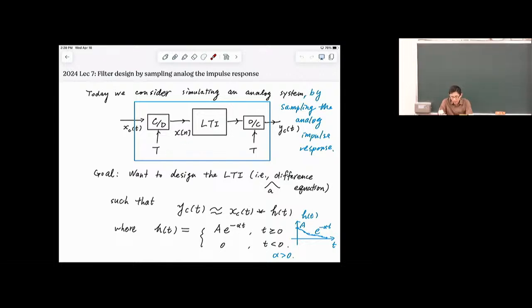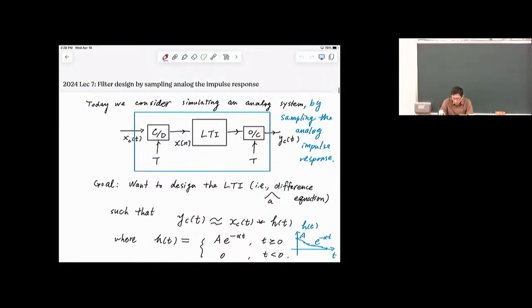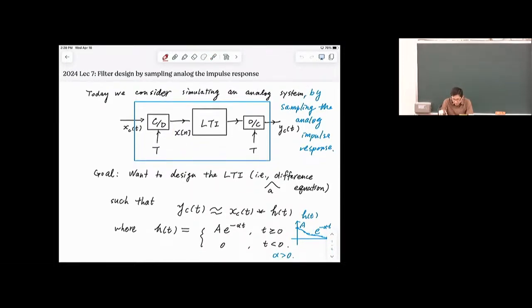And then the idea is that we are going to process our input using an LTI system, a linear and time invariant system, and produce an output, which might be denoted as y of n.